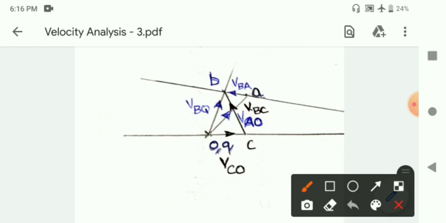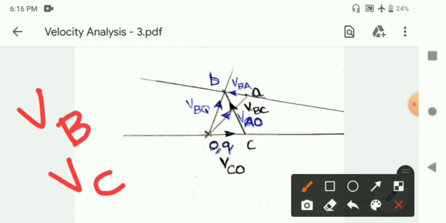Now in the question, you have been asked to find the velocity of point B and velocity of slider C. And these velocities have to be taken with respect to the fixed point. Velocity of B is relative to fixed point Q, and the slider will be based on fixed point O.